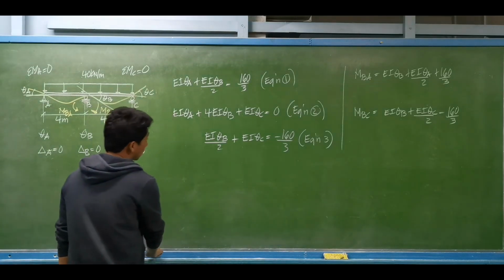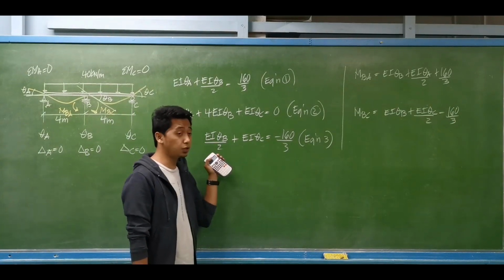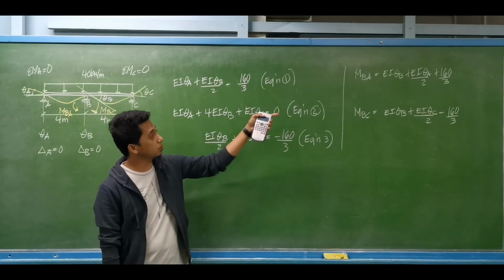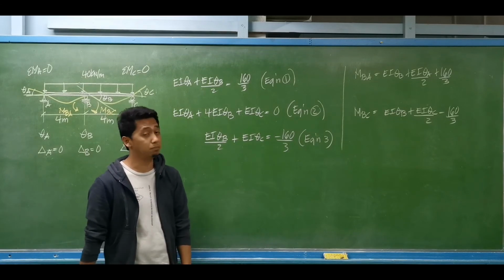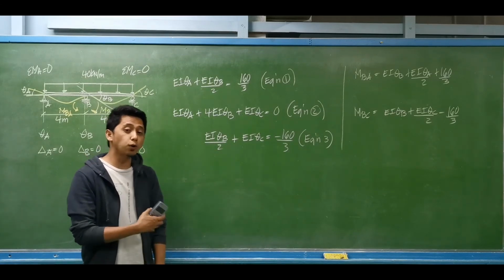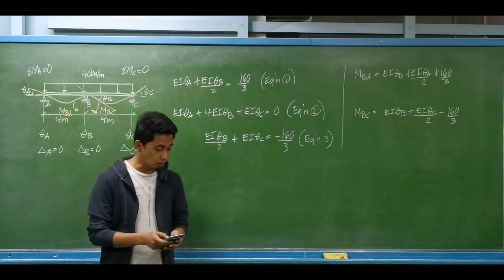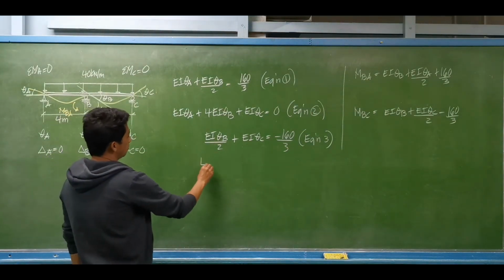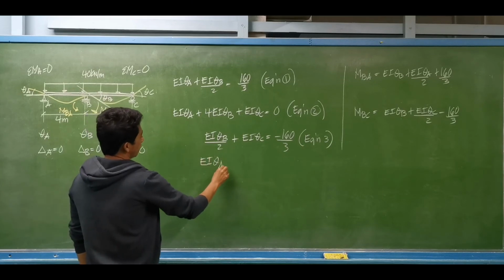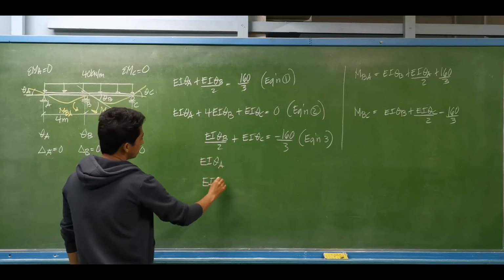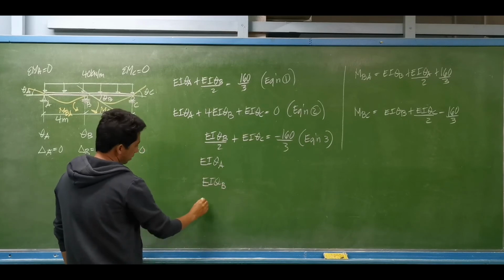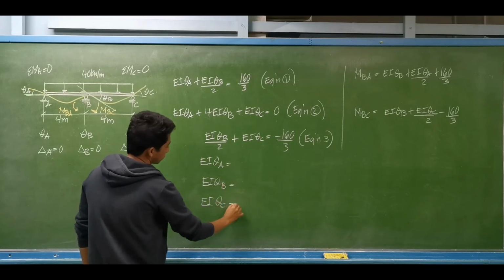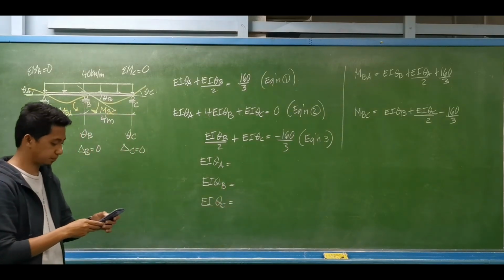And our third equation: EI theta sub B over 2 plus EI theta sub C is equal to negative 160 over 3. We also included the previous equations, the moment BA and the moment BC, since we are computing for the moment at B. Our unknowns will be EI theta sub A, EI theta sub B, and EI theta sub C. So 3 equations, 3 unknowns.